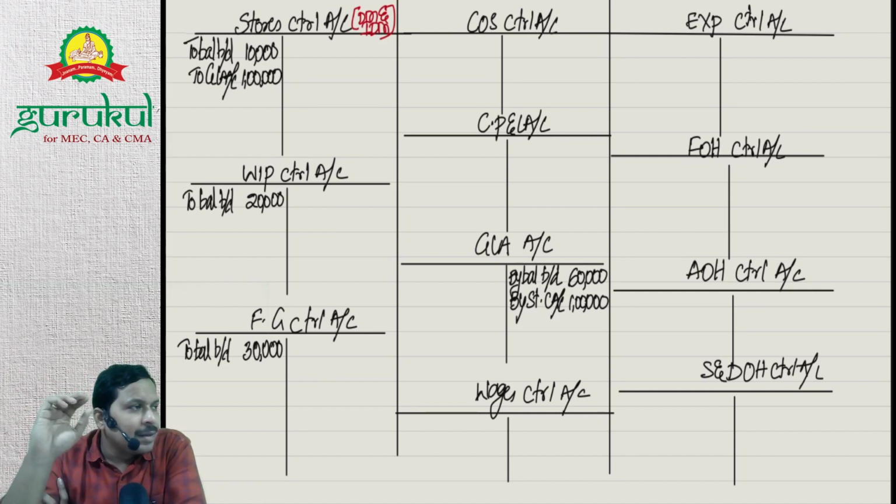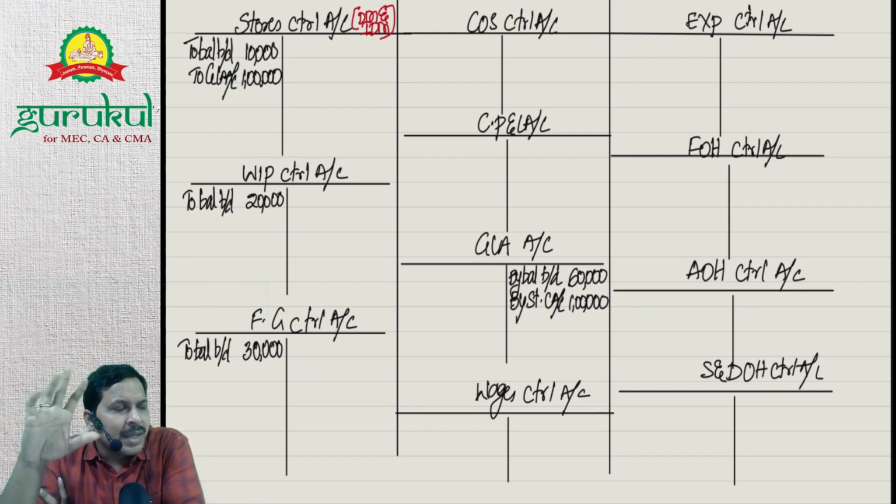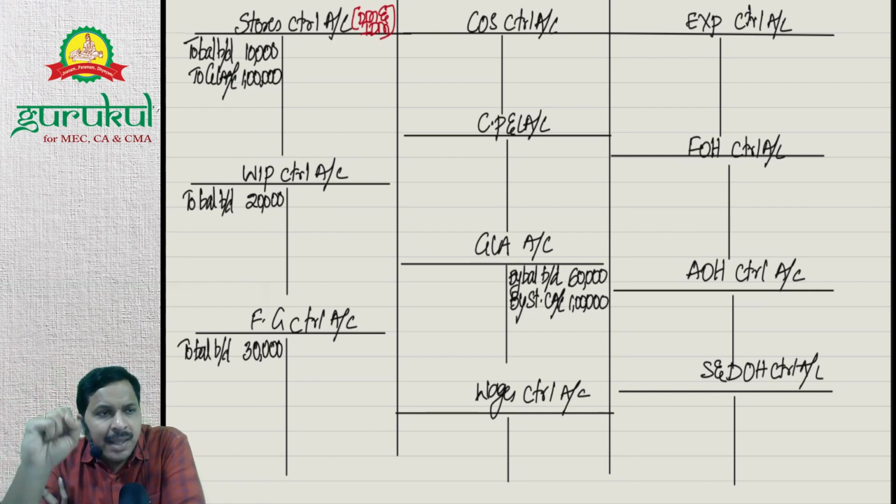Direct material. So for production, I issue direct materials. If it is an indirect material, I call it overheads. Raw material issued to production means we are using it for production purpose. Therefore, if it is directly related to production, we call it direct materials.